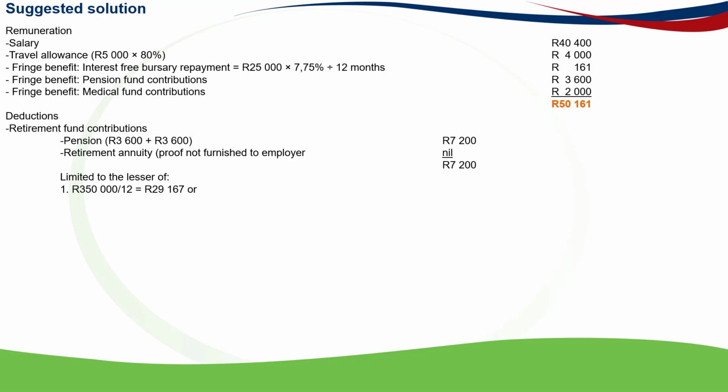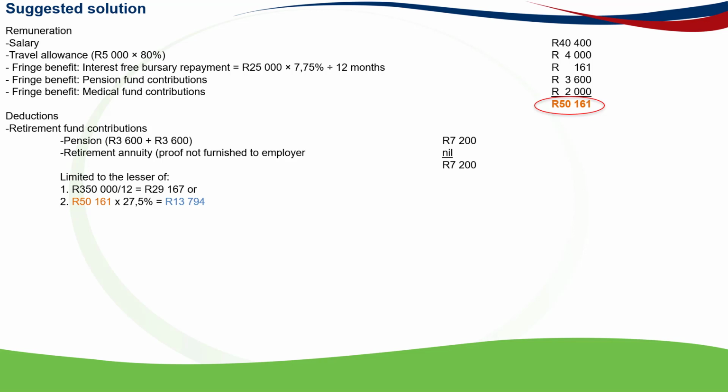That's the first limit. Or 27.5% of remuneration, which is the 50,161. That is over there, right? And that will get you to the second limit, which is 13,794.